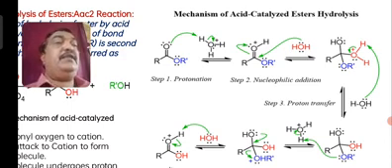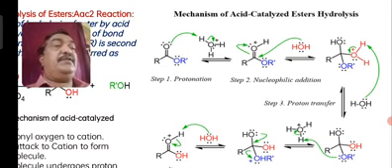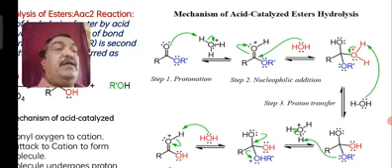In the next step, again proton transfer takes place, with water molecule elimination, and you will get RCOH OR dash OH, where one of the extra protons will be deprotonated. Okay, so the deprotonated molecule again reacts with a proton.